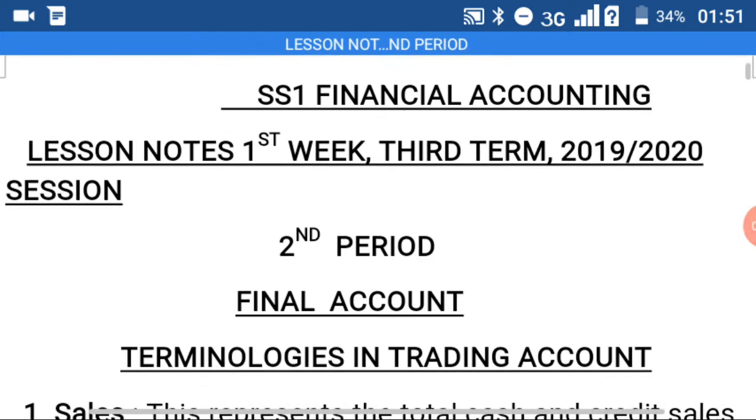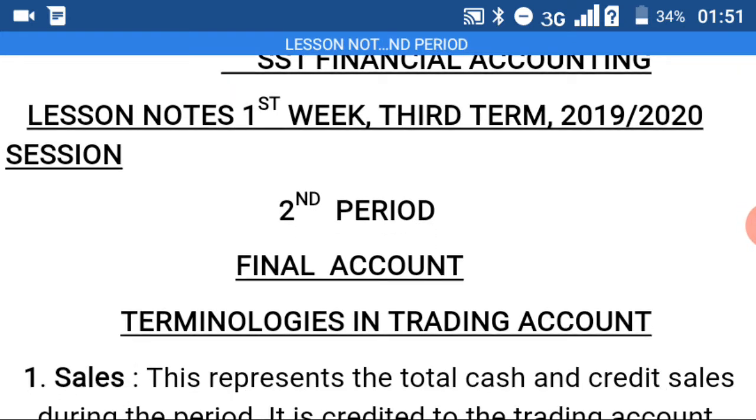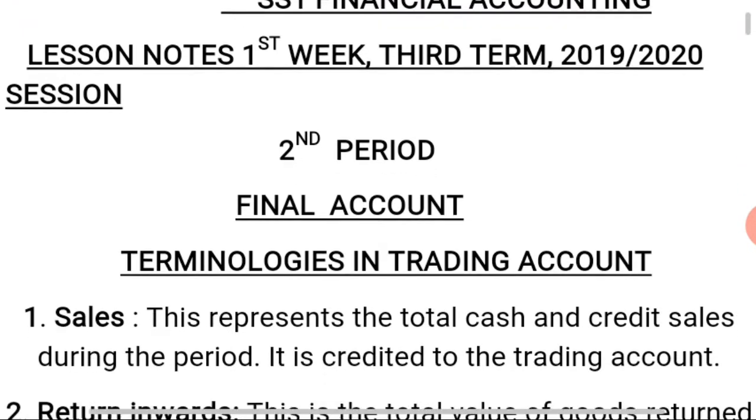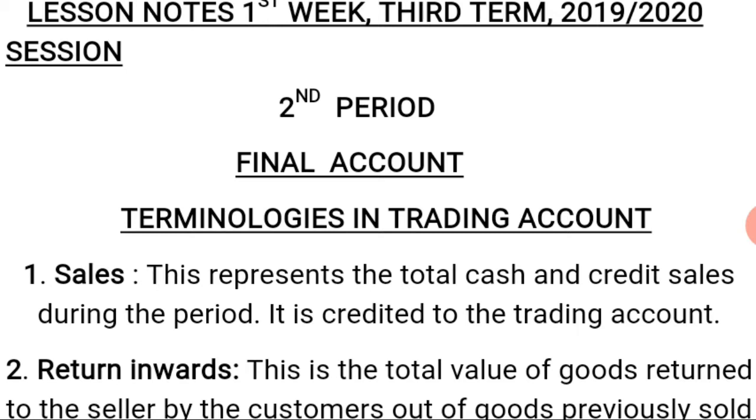In continuation of our lecture on final accounts, today we are going to be looking at terminologies in trading accounts. To start with, the first one is sales. Sales represents the total cash and credit sales during the period.